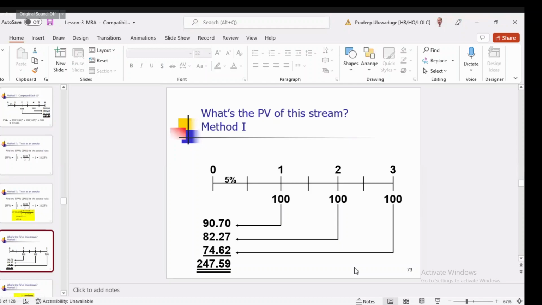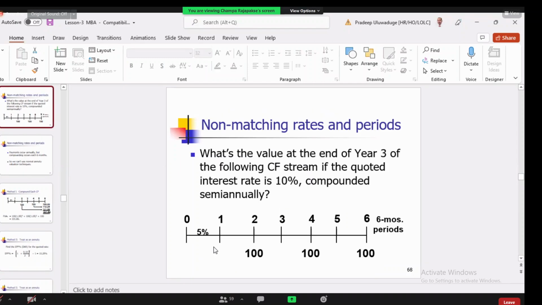Okay. So, I'll just summarize. We were talking about not matching rates and periods. What happens if the cash flow frequency and the compounding frequency are different? If cash flows occur at 1 year intervals and compounding occurs at semi-annual intervals, how are we to calculate the future value and present value?